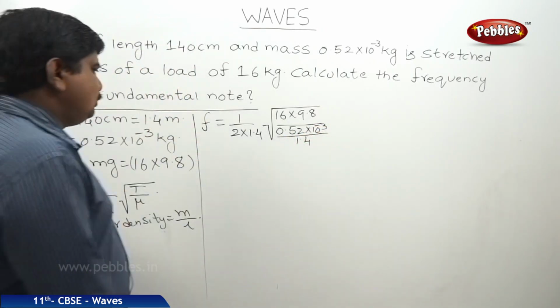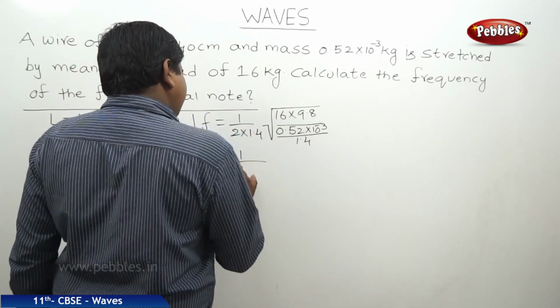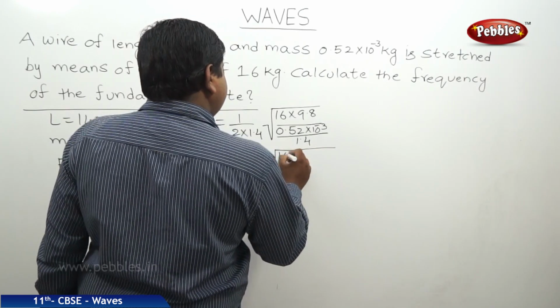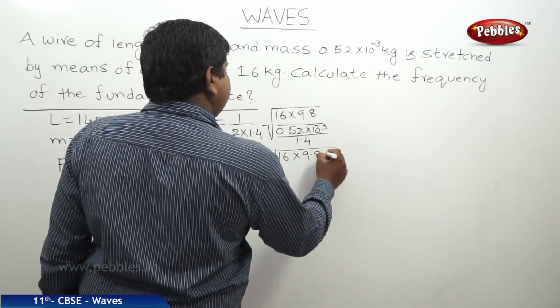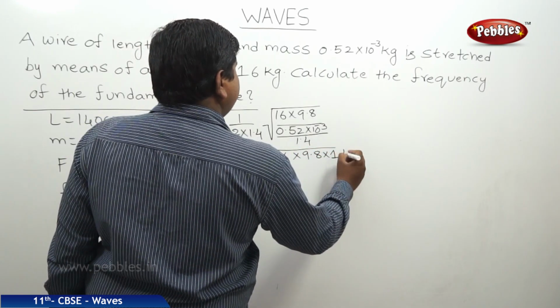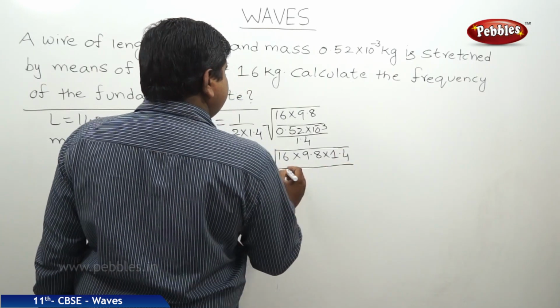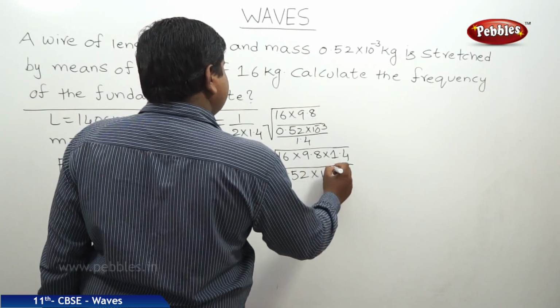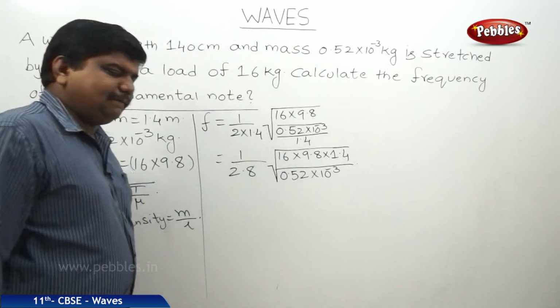And this 1.4 goes up, therefore it is 1 by 2.8 into square root of 16 into 9.8 into 1.4 whole divided by 0.52 into 10 to the power of minus 3.